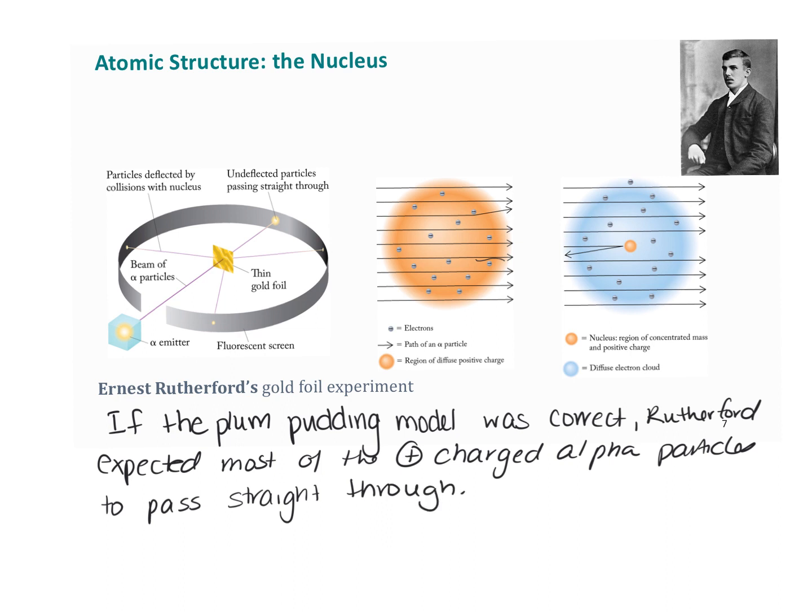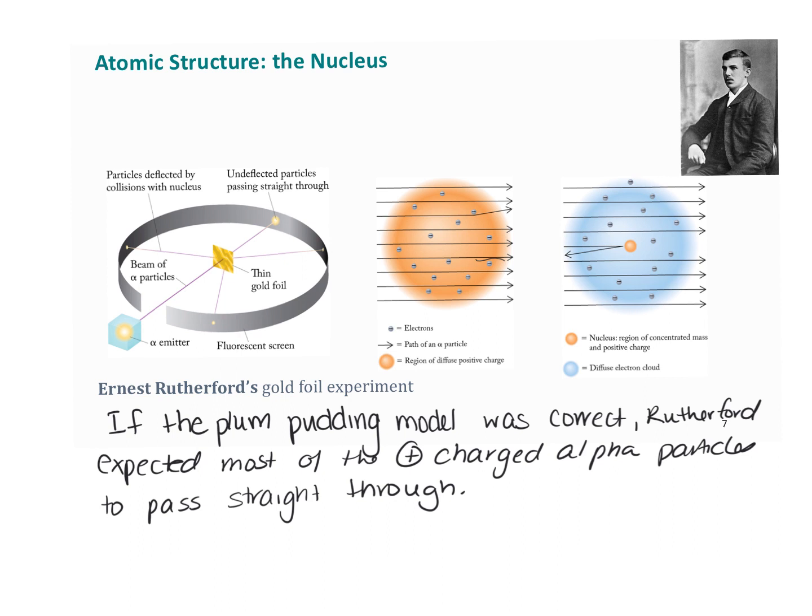Right? They might be deflected a little bit, because they might be repelled a little bit or attracted a little bit. They're positive, so attracted a little bit to that negatively charged electron that's embedded there. But they mostly expected them to shoot through, okay?